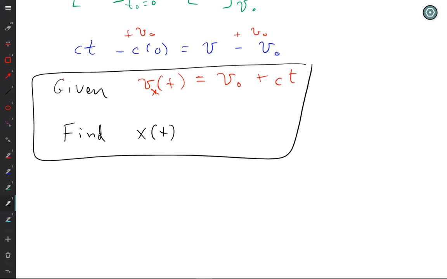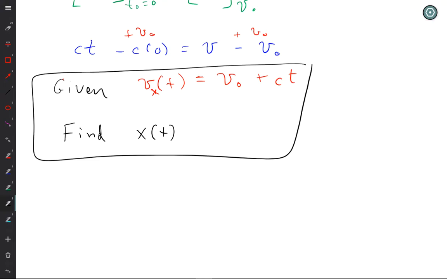Now, once again, yes, we should have limits going from x initial to x final and time initial 0 to time final. What time? Would it just be time then?